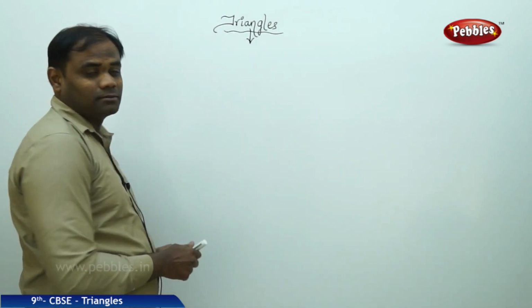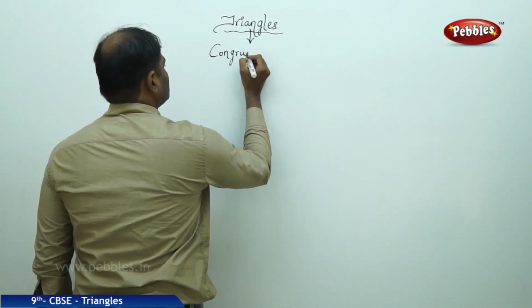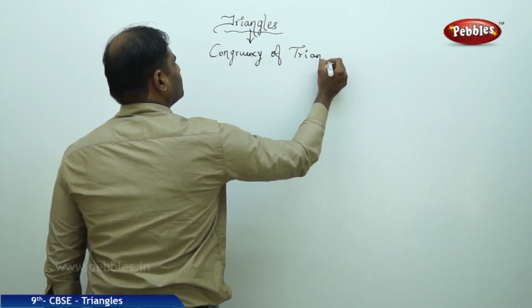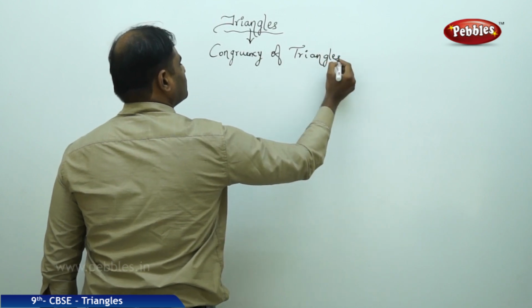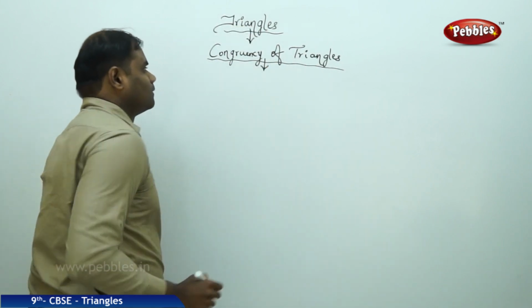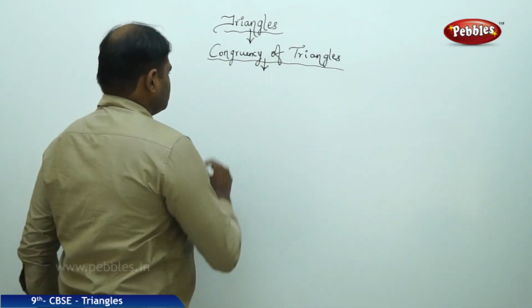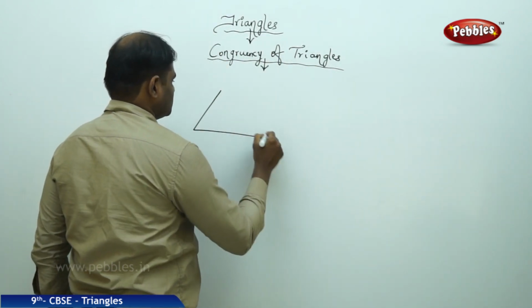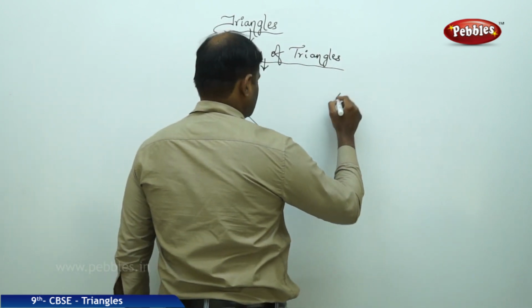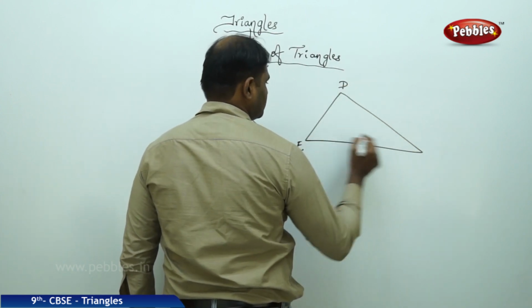The topic of the session, congruency of triangles. So for example, I have two triangles ABC and DEF.